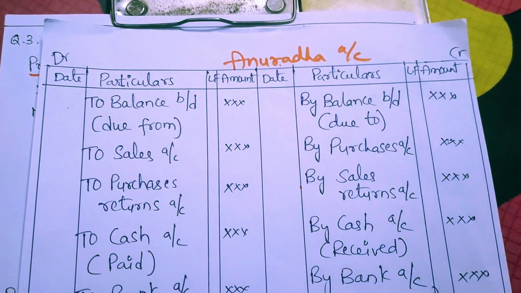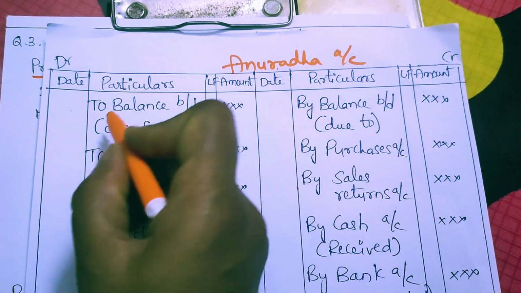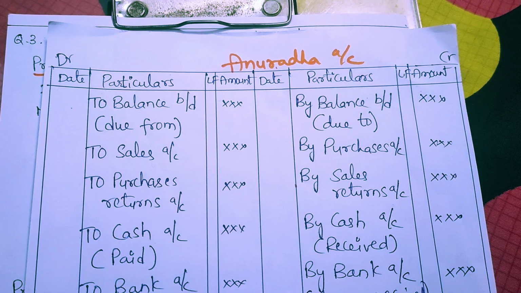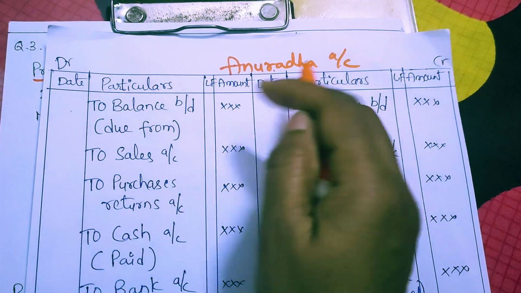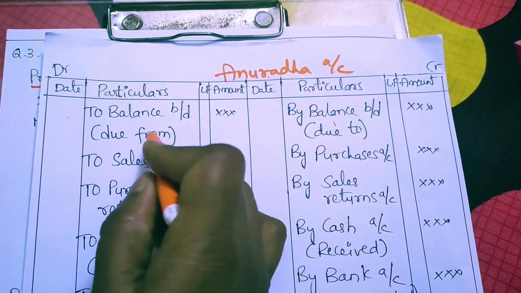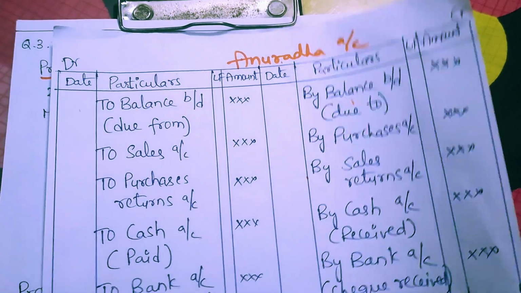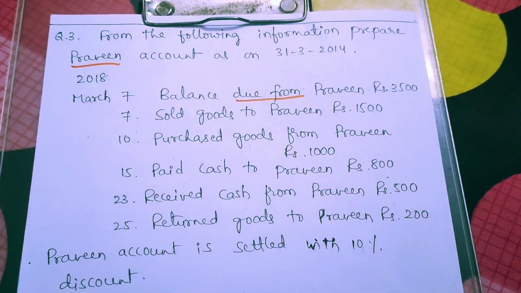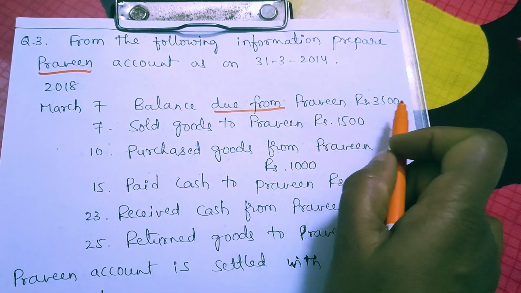Let me show the format. This is the format. So due from, debit side. What we have to write: to balance brought down. If any amount is due from any party, we should record it in the personal ledger on the debit side only. So due from, always we should record on the debit side. To balance brought down. Let us mention that here in our solution. So for due from, we write balance brought down 3,500.